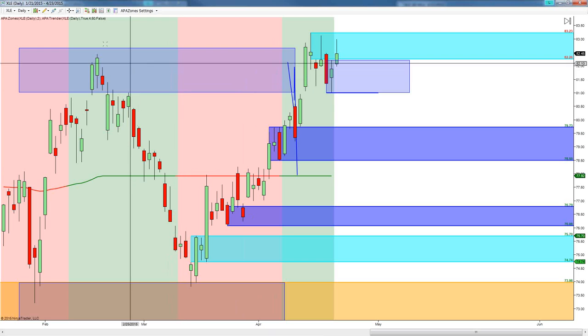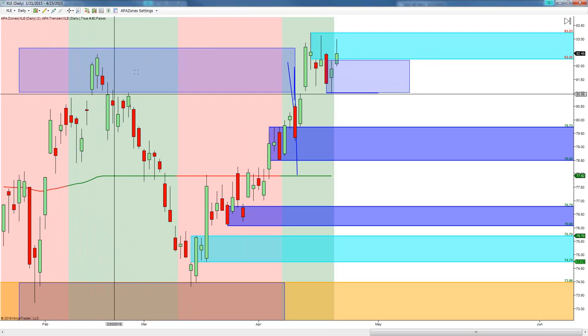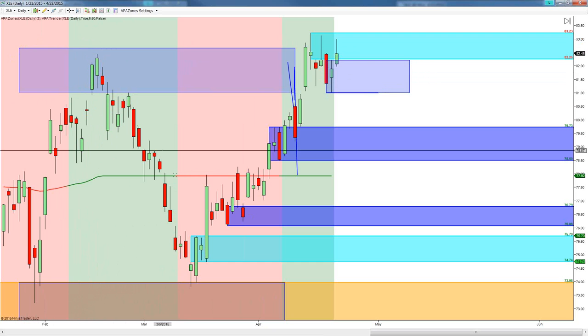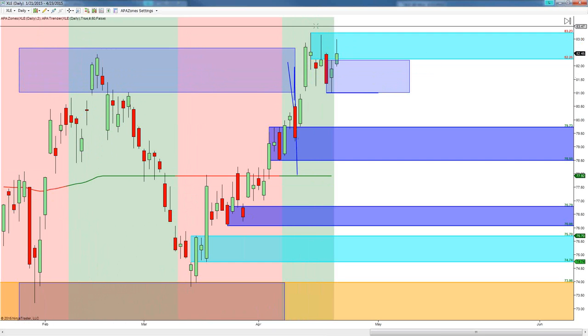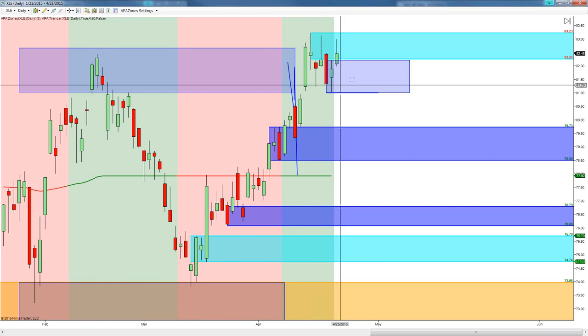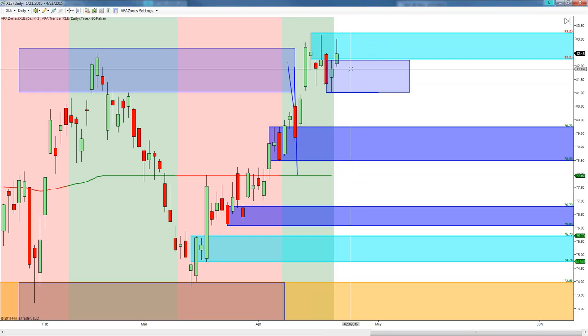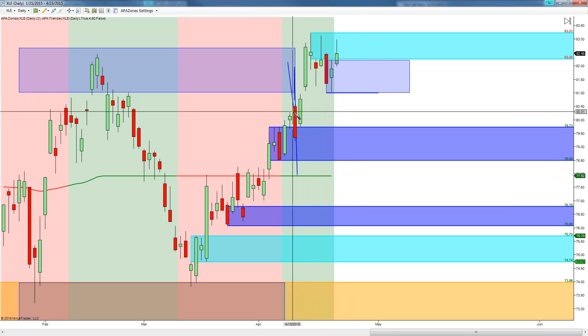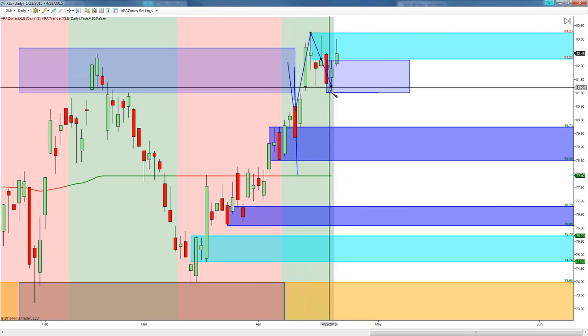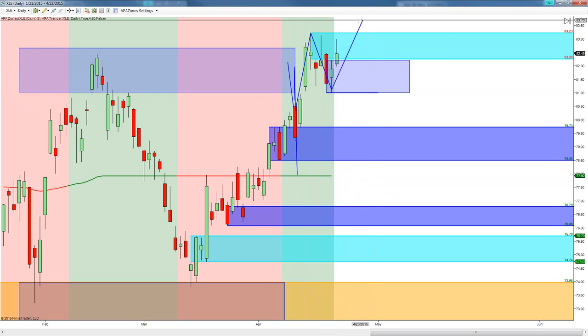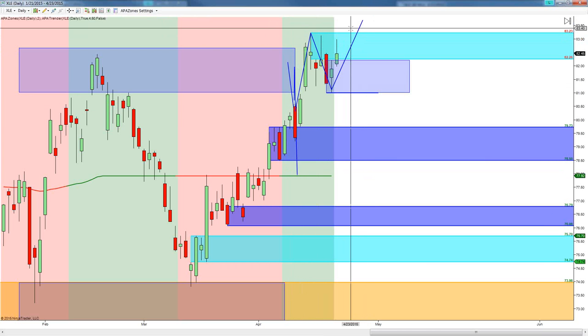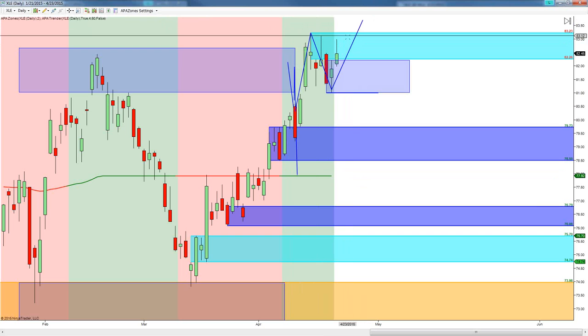Okay. So it looks like we almost have a flip-flop going on. So it looks like this was resistance, and it's come through this area. All right, and it could be turning into support. All right, so we have boom, boom, boom. So I'm actually looking that direction as far as the daily chart goes.